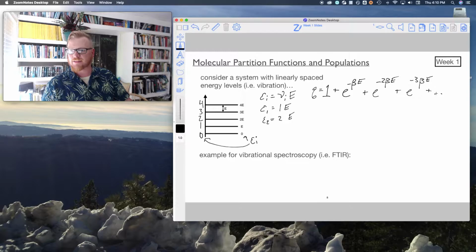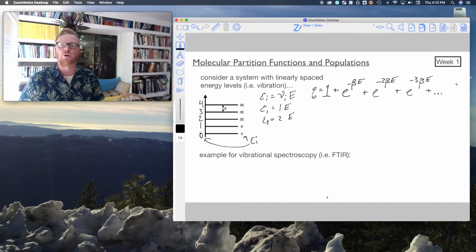We can see that's how we're carrying out that sum, summing through all of those states in the partition function.